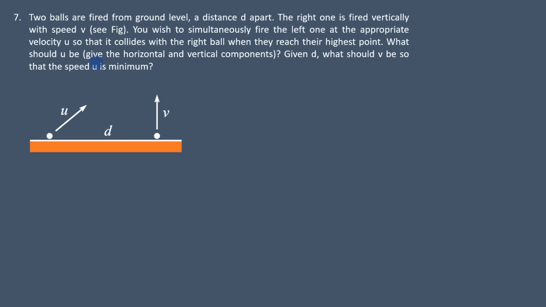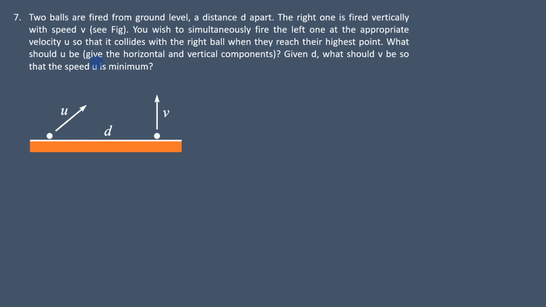Now we move to the seventh problem or question. Two balls are fired from ground level, a distance d apart. The right one is fired vertically with speed v. Let's see the figure.